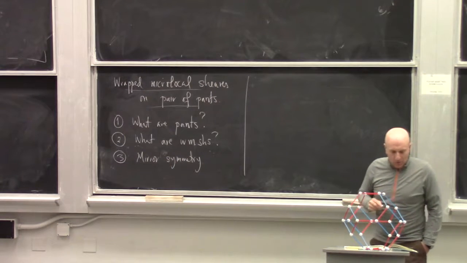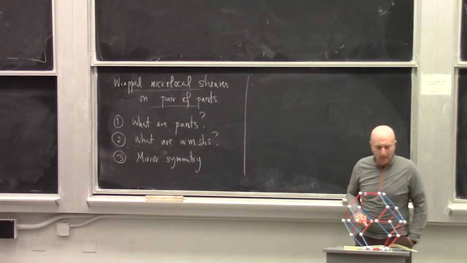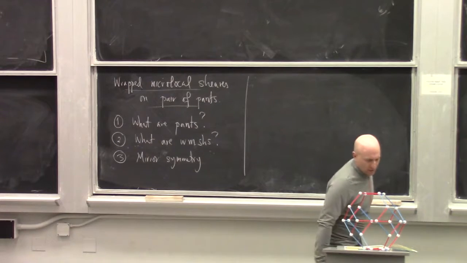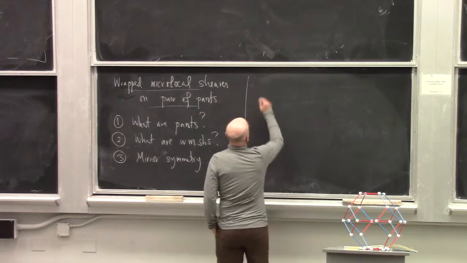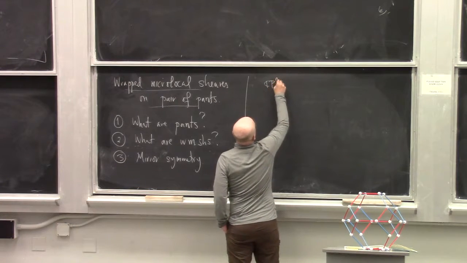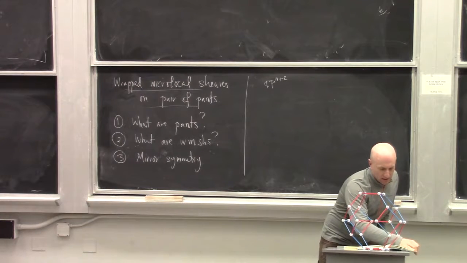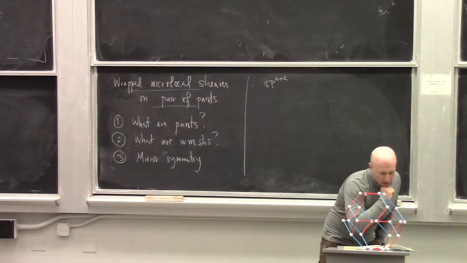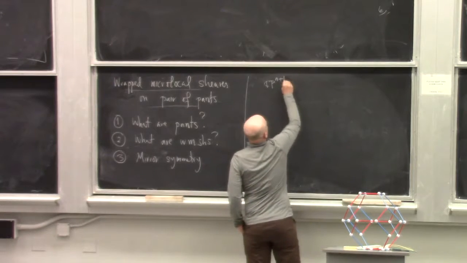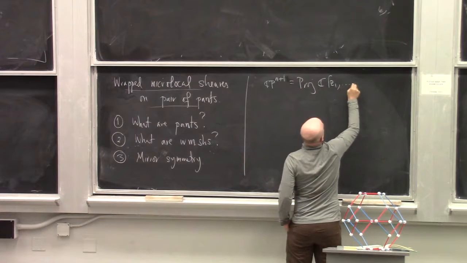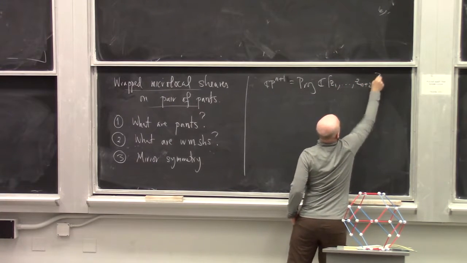All right, let me start with what are pants. I'm just going to present it in a way that's tuned to what we'll say later. So let's take CP^{n+1}, complex projective space. So we'll have coordinates z_1 through z_{n+2}.